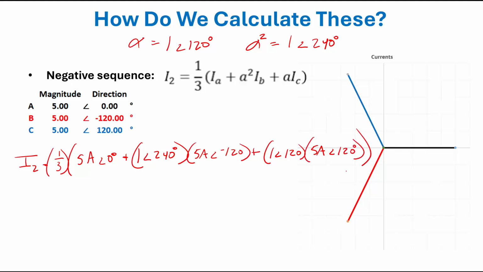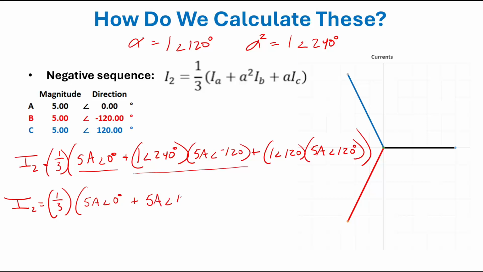You combine all of your like terms and put it together, and you get I2 is equal to 1/3 times 5 amps at an angle of 0 degrees, plus, well, this right here is going to be 5 amps at an angle of positive 120. Remember, add the angles, multiply the magnitudes. And then this last one right here is going to be 5 amps at an angle of 240.